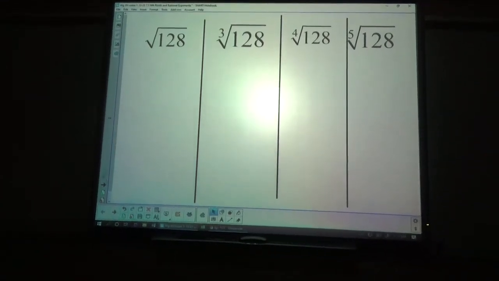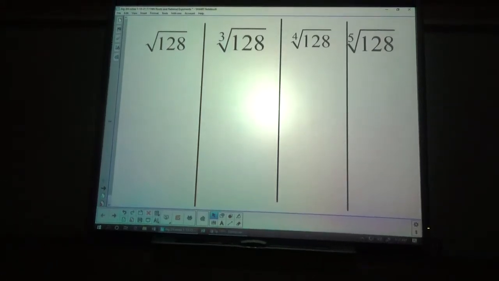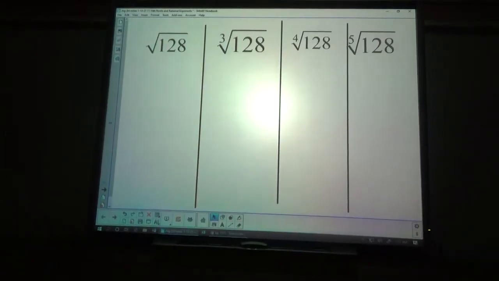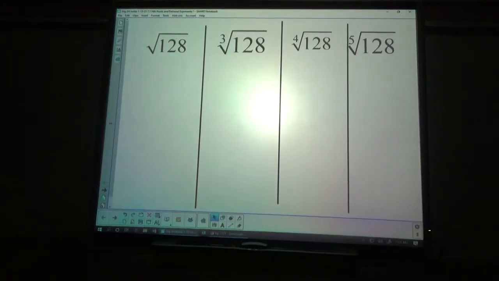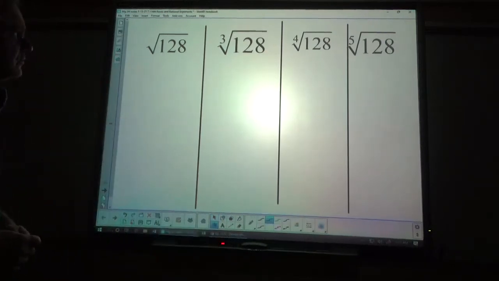Welcome. We're going to work with nth roots, or different index roots, and rational, meaning fraction, exponents. We've already worked with square roots.